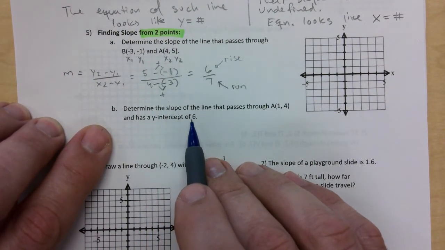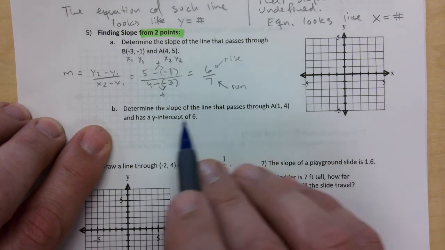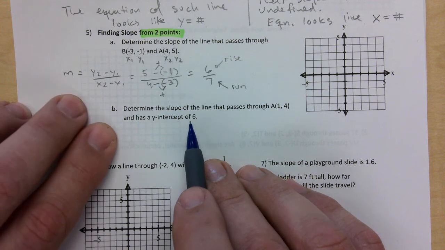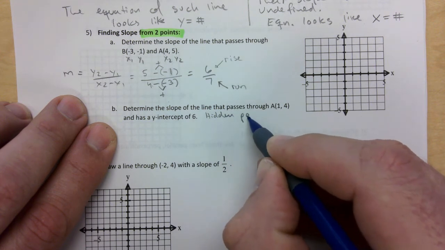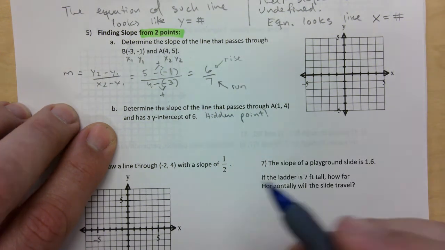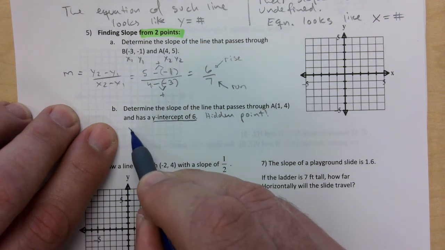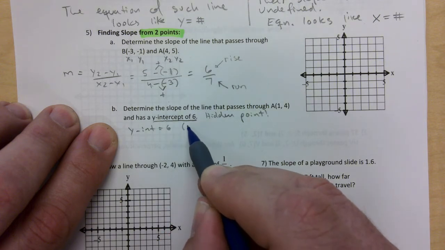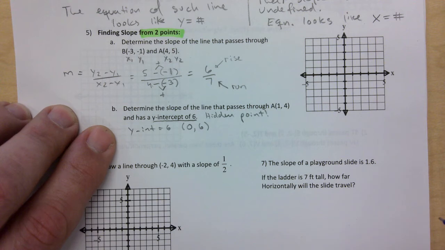Determine the slope of the line that passes through point A and has a y-intercept of 6. This is a hidden point. Really the y-intercept of 6 is a point where x is equal to 0 and y is equal to 6.